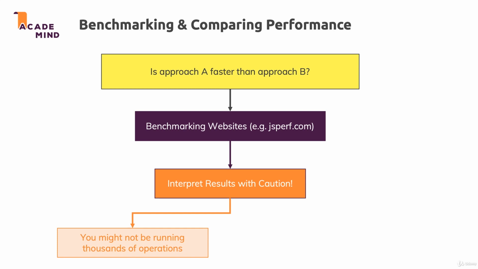Because of what I just said, that you might not be running thousands of operations and the performance difference therefore really will not make a difference, and then you should go for the code which is more readable and shorter and not for the most complex code which theoretically might run a bit faster.